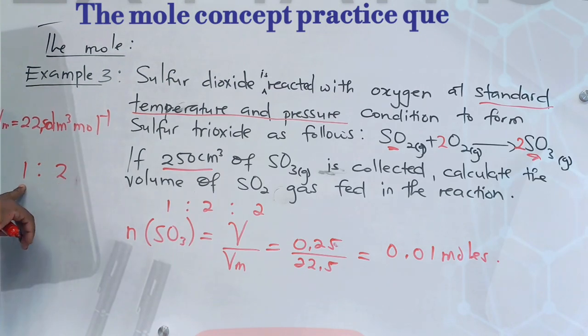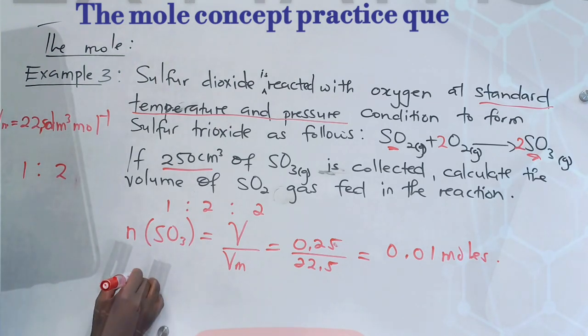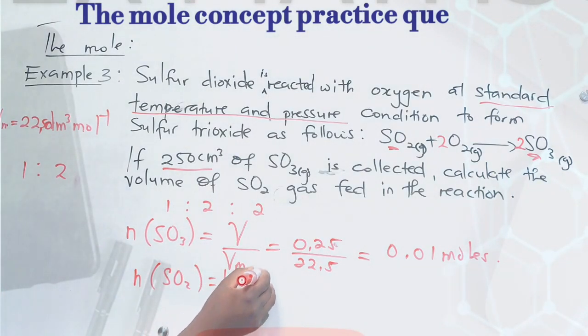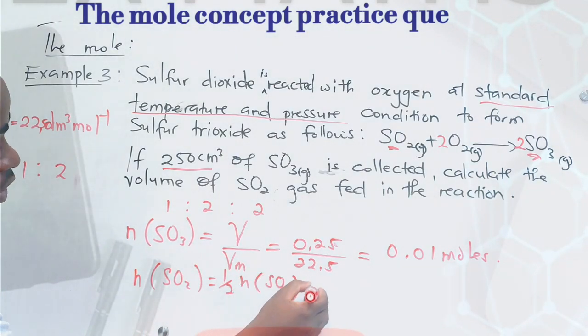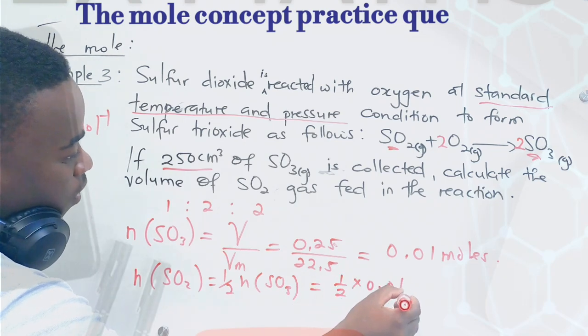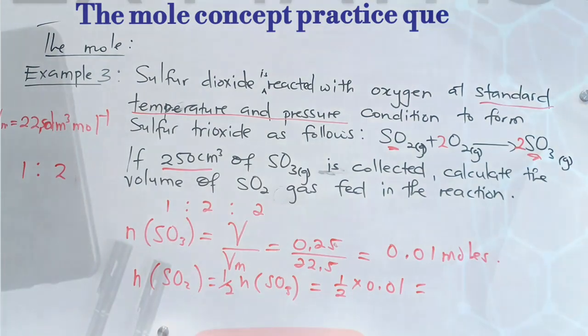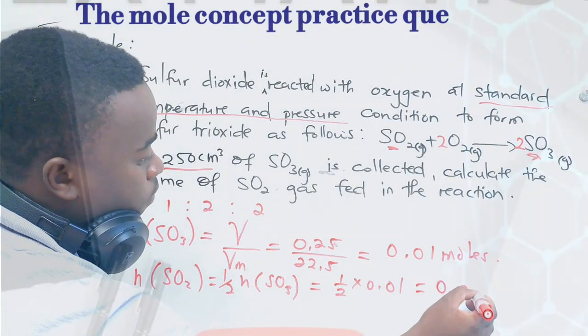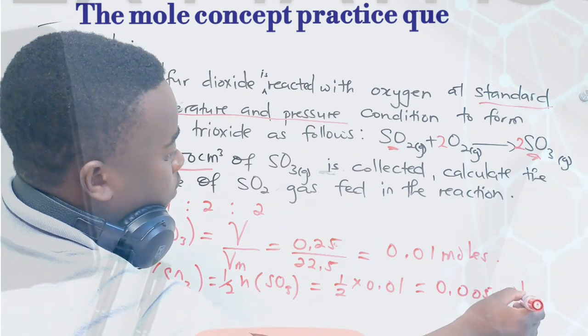So to find number of moles of sulfur dioxide, you need to have the number of moles of sulfur trioxide. So number of moles of sulfur dioxide is equal to half the number of moles of sulfur trioxide. This will be equal to half of 0.01. This gives us 0.005 moles.